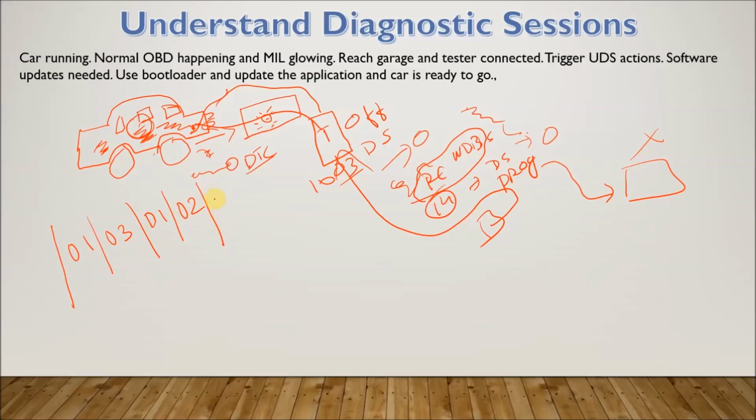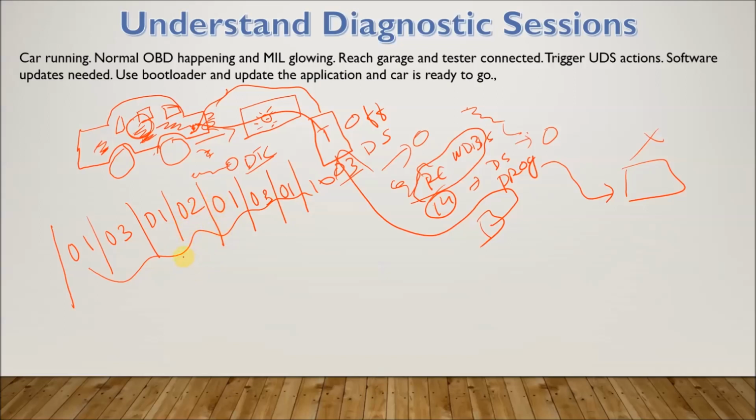Then a reset happened and it automatically went to 01, and then he went to 03 and checked the problem is not there, and then disconnected the tester and the ECU automatically went to the default diagnostic session. So these various phases and their functionalities happened.